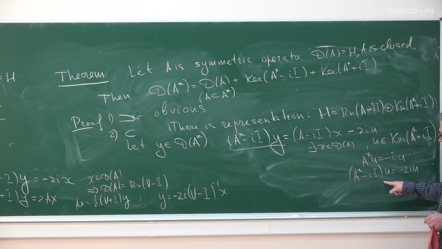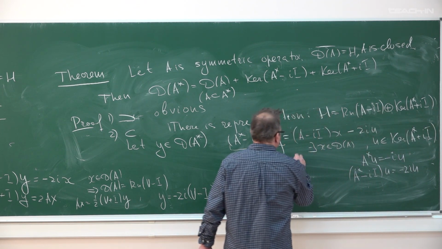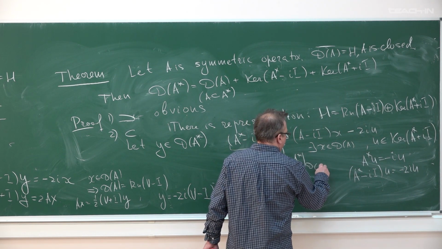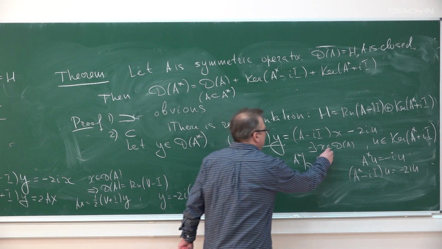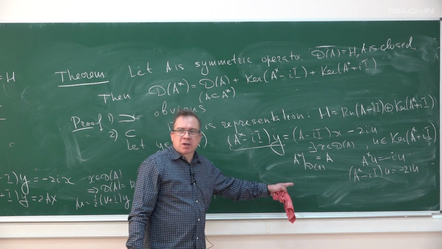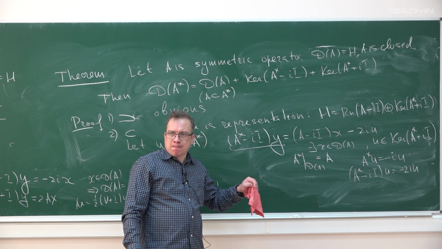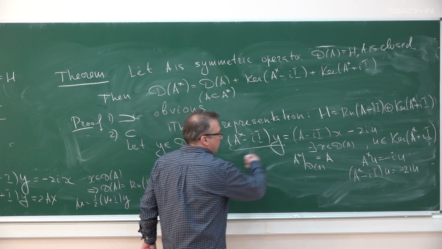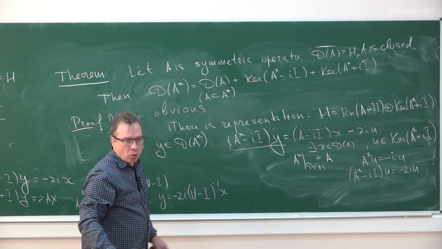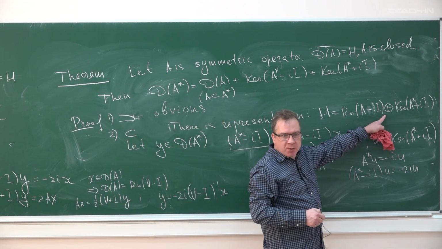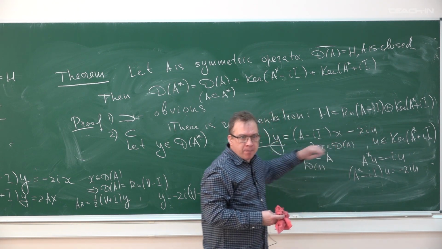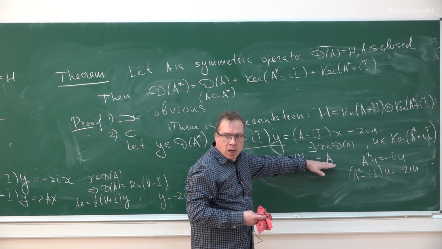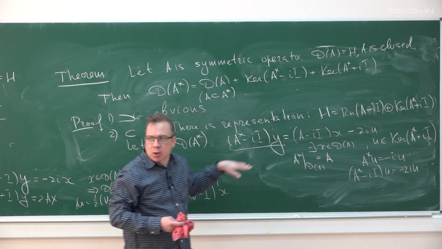Because I can write it as the action of this operator. And additionally, we know that A star on the domain of operator A coincides with which operator? A. Because for a symmetric operator, the adjoint operator is an extension. And so you can write this equation. So again, this is equality by this representation. But with some tricks with the constants and tricks with the domain of operator A, in what way can you rewrite this equation?